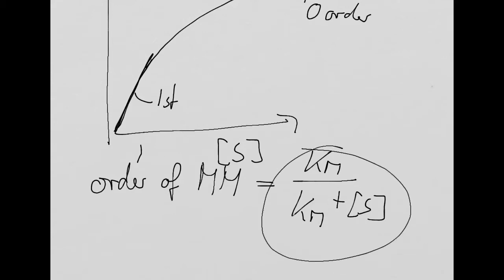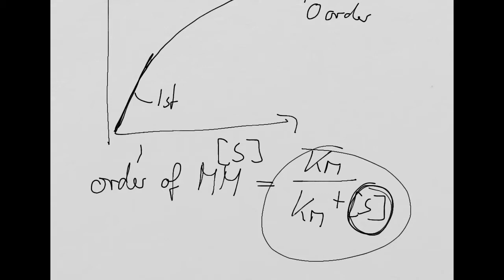So this is the order of the Michaelis Menten reaction: Km divided by Km plus S. So if S is very big, then this one is the dominant one. You divide something by something very big. That means it goes close to zero.